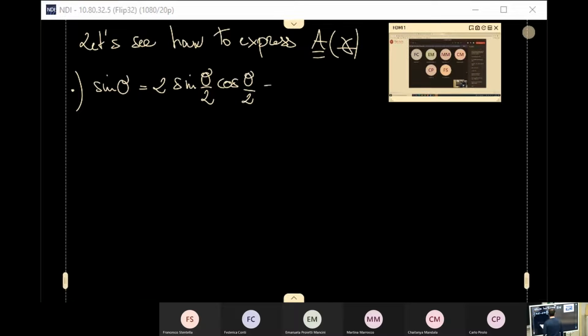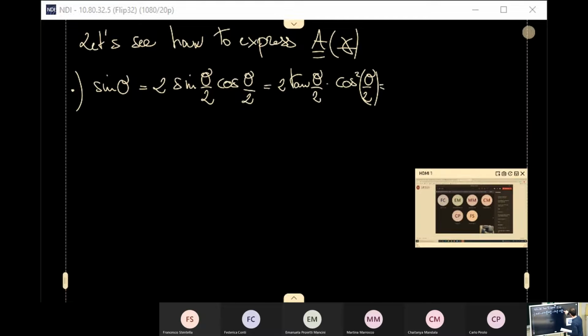And then if we multiply and divide by the cosinus of theta divided by 2, this is 2 times the tangent of theta divided by 2 times cosinus squared of theta divided by 2.